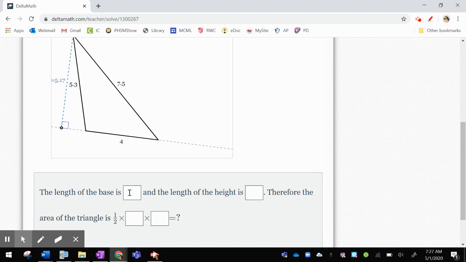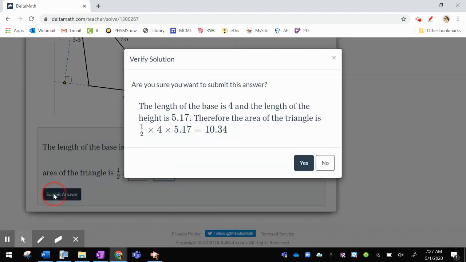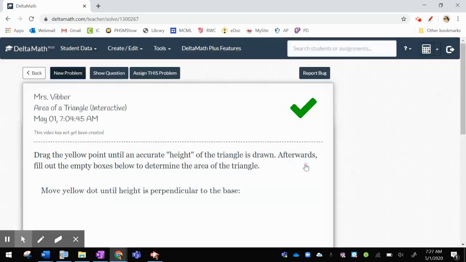And now it says the length of the base is what? Well, the base is 4. The length of the height is, oh, it's that 5.17. Therefore, the area of the triangle is 1/2 base times height, which is 10.34. And I'm going to submit my answer.